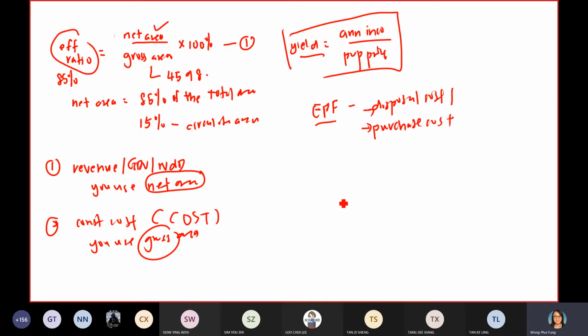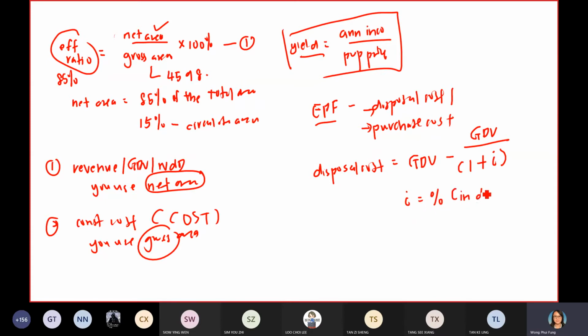So how to calculate is the formula, jot down: the disposal cost is equivalent to GDV minus GDV divided by 1 plus i. The i here refers to the percentage, but you make it in decimal. So let's say the percentage is 2.75%, the i should be 0.0275.